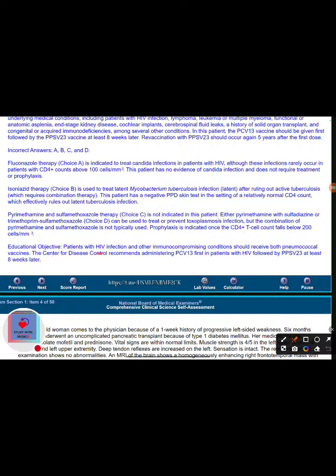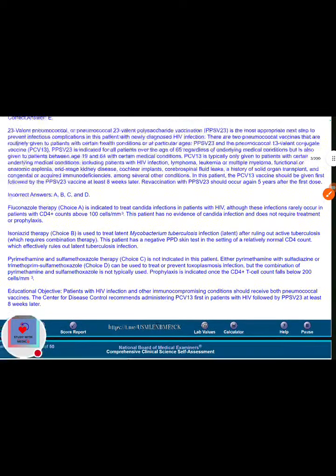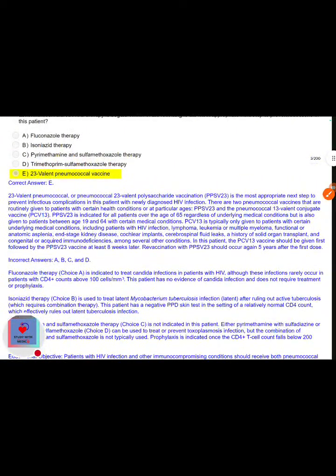Educational objectives: patients with HIV infection and other immunocompromising conditions should receive both pneumococcal vaccines. The Centers for Disease Control recommends administering PCV13 first in patients with HIV, followed by PPSV23 at least 8 weeks later. So which vaccine should be given? Pneumococcal vaccine.